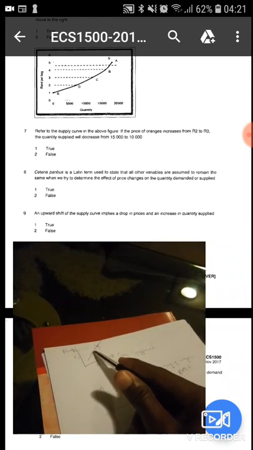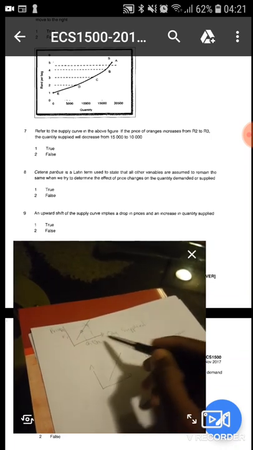You can say input cost. It also affects supply.